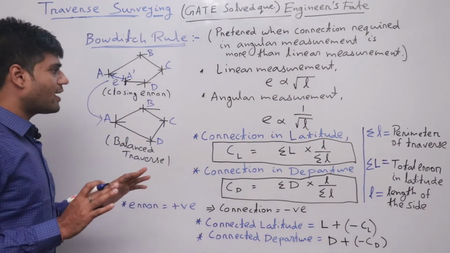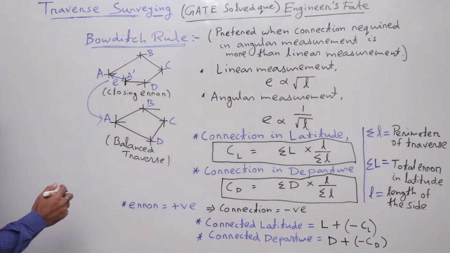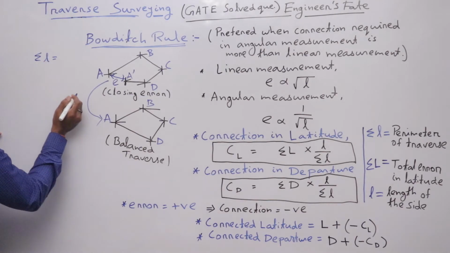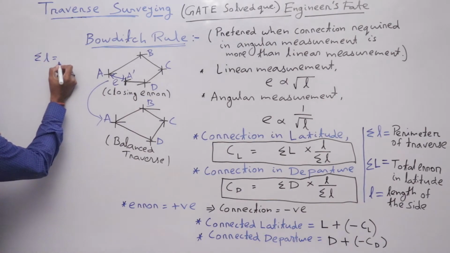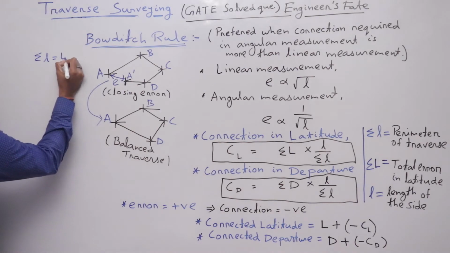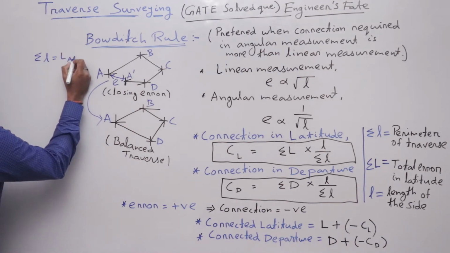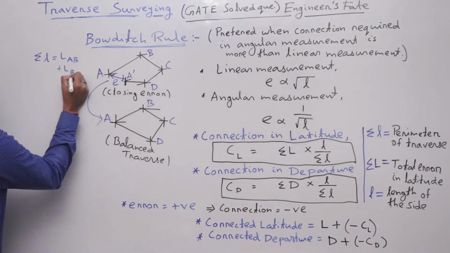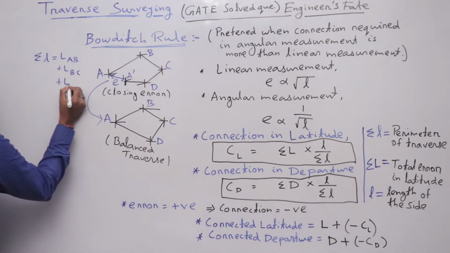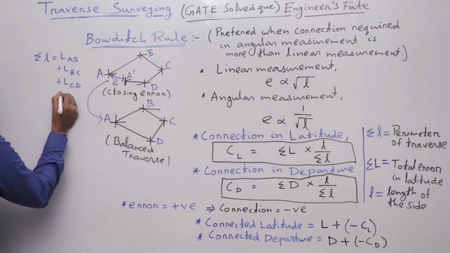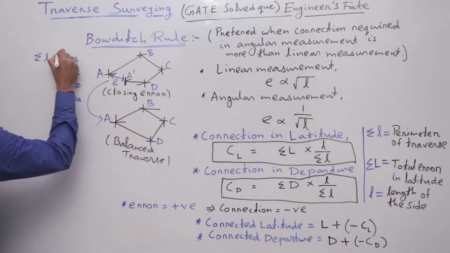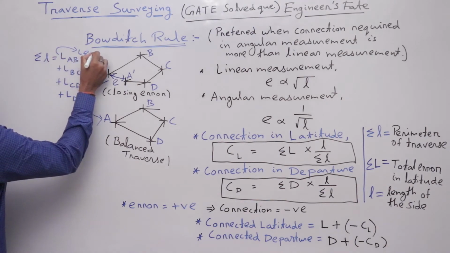For your understanding, let me tell what is summation of small l. It is the perimeter of the traverse, meaning length of AB plus length of BC plus length of CD plus length of DA. This is length.